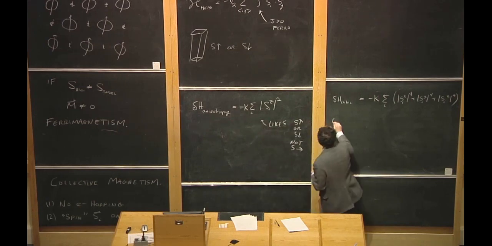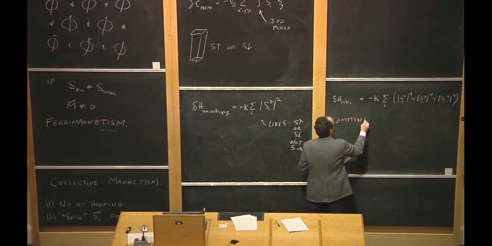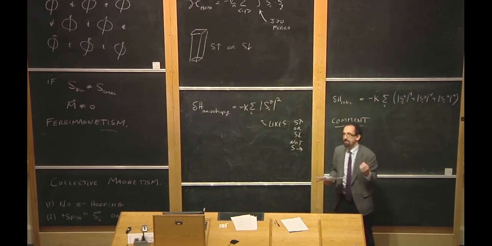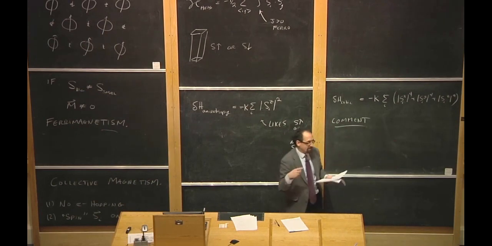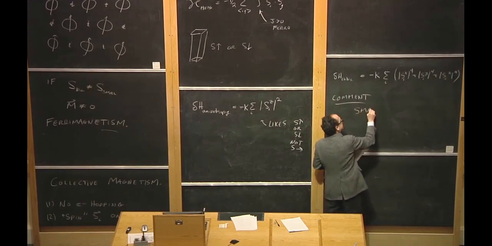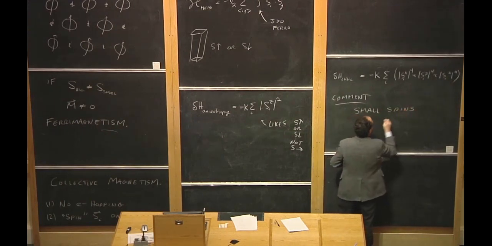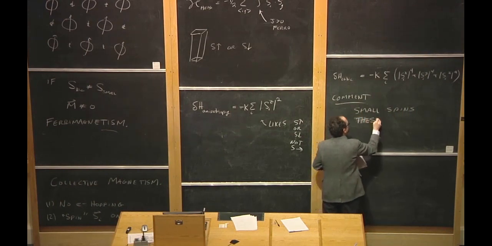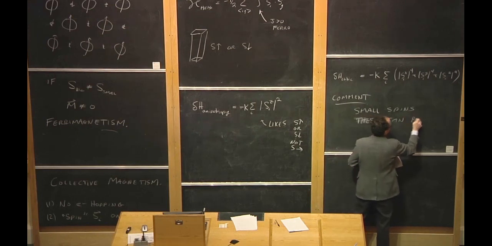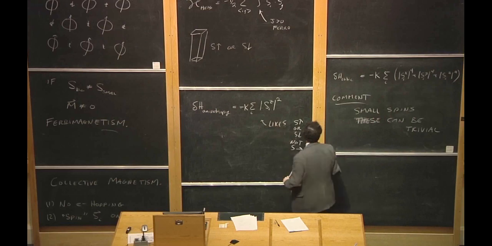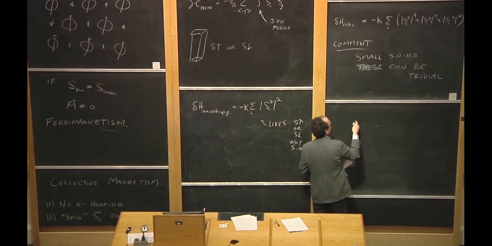Just one comment. What we've written here is based on our intuition for spins when we're thinking of them as classical vectors. For small spins, these terms can be trivial. What do I mean by that? Well, suppose I tried to write this down for a spin 1/2. You remember the spin 1/2 Pauli spin matrix, sigma z.